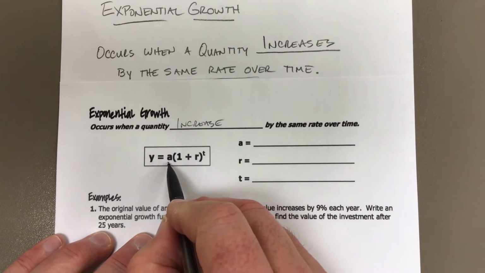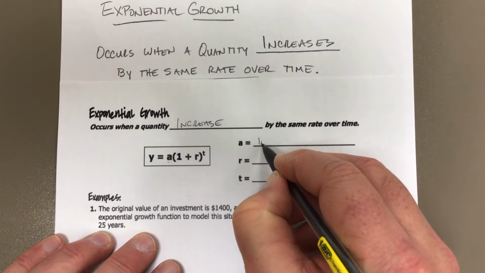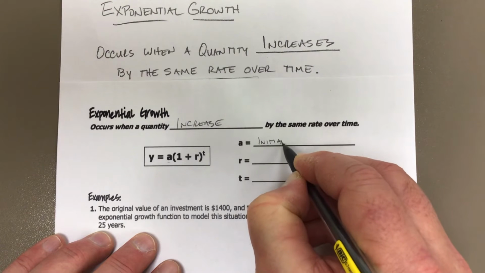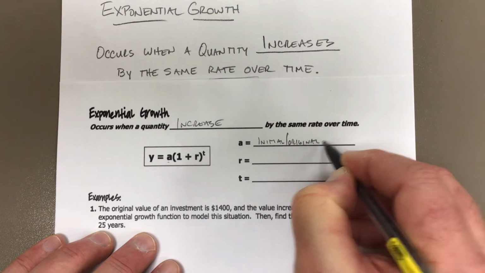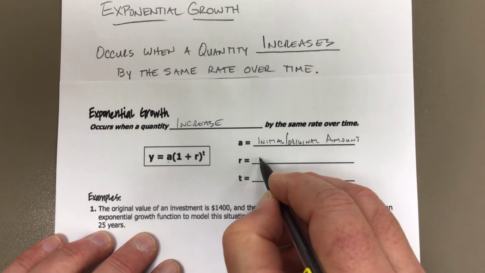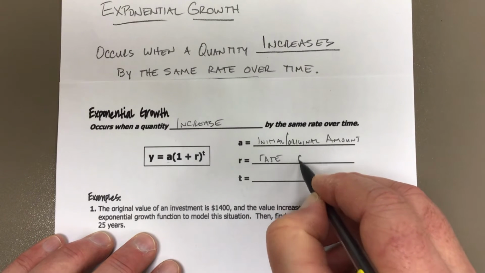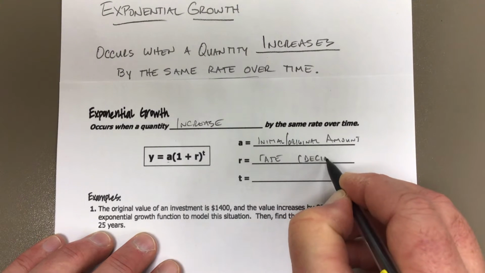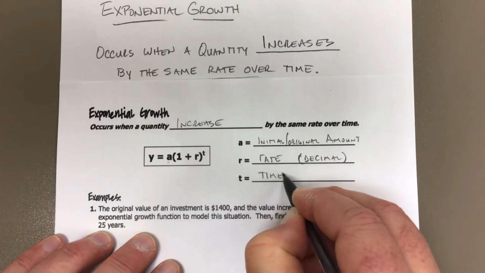The A is the initial amount, or the original amount. That's what we're looking for. The R is the rate, and that has to be a decimal. And then the time.